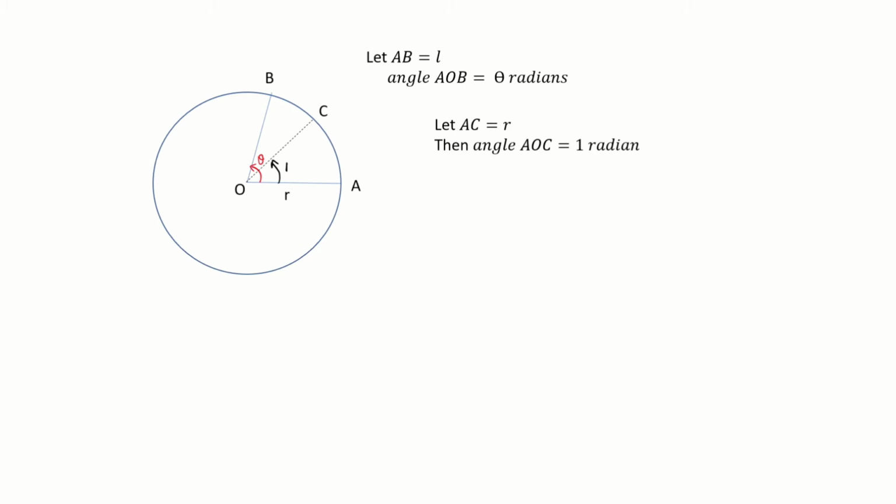We know that the ratio of the arc lengths is equal to the ratio of the angles subtended by these arcs to the center. So we have AB by AC is equal to angle AOB by angle AOC. Substituting, we get L by r is equal to theta by 1. Hence, we have theta is equal to L by r.